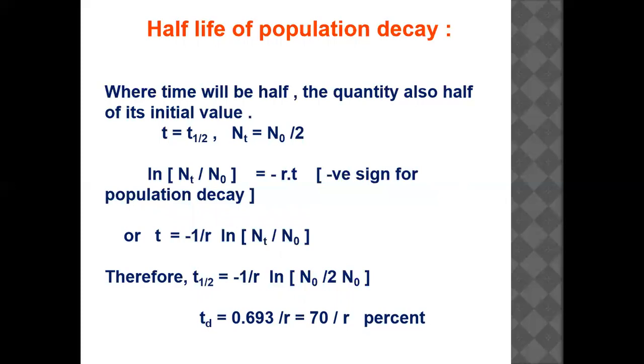That negative sign indicates the population strength will decrease. If we put t is equal to t half and Nt is equal to N0 by 2, then ultimately we get t half is equal to 0.693 by r, or again 70 by r percent. So this is similar to the doubling time.